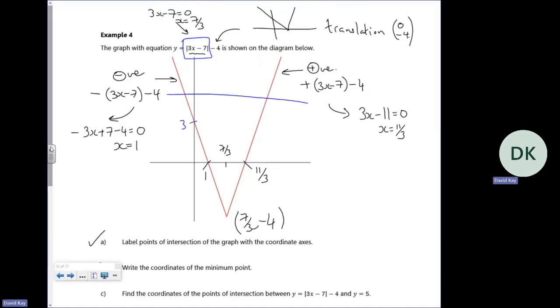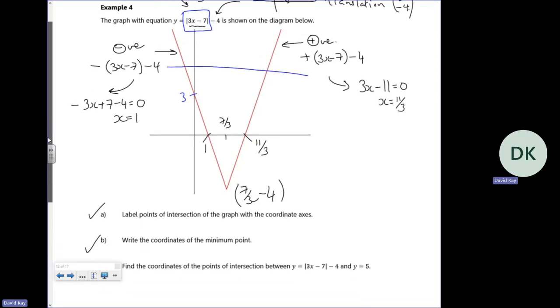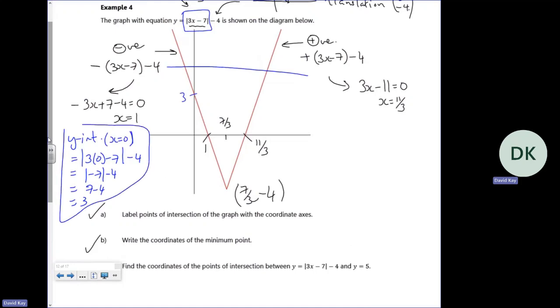That 3 came from the y-intercept, so that's when x is 0. That would be the modulus of 3 lots of 0 minus 7 minus 4. So that would be the modulus of minus 7, minus 4, which is 7 minus 4, which is 3. So that bit there works out the y-intercept.